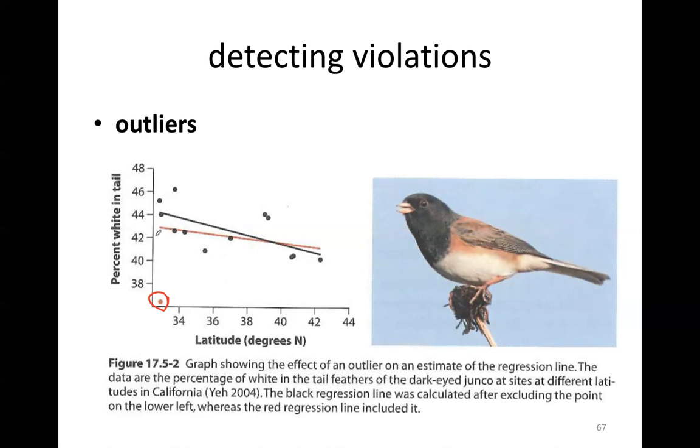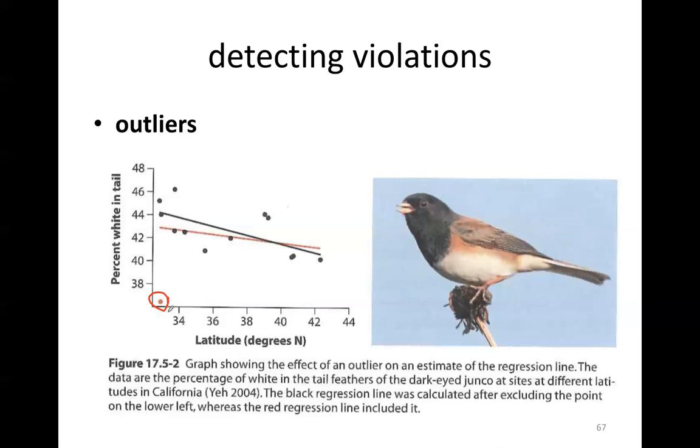But of course, just because the regression becomes smoother and more significant doesn't mean that this data point is an artifact. It could also well be that there is actually more variation than was sampled in this small data set. So yeah, we have to be careful.